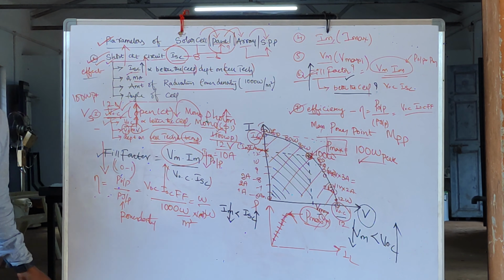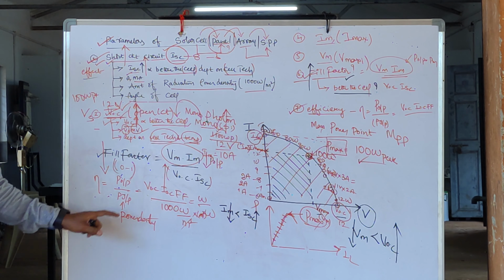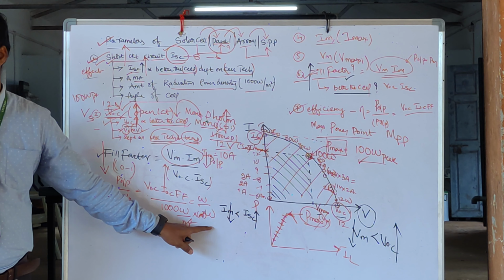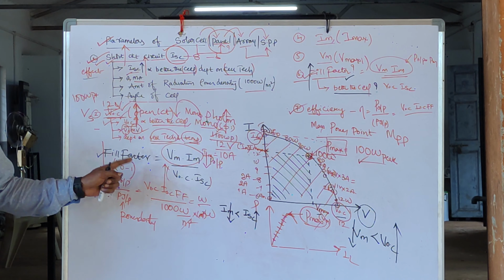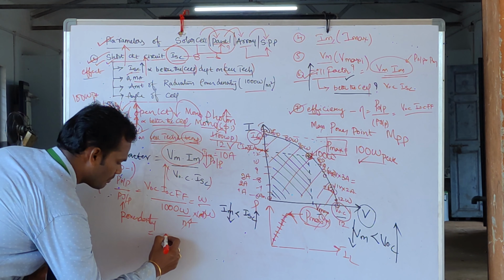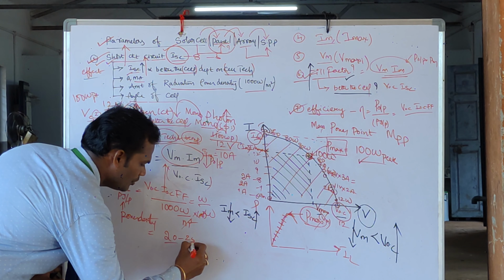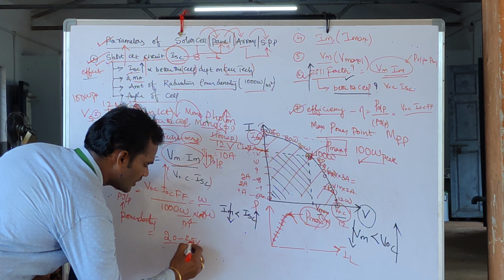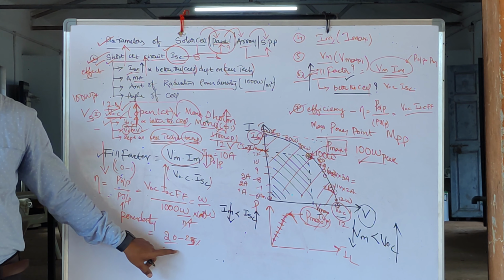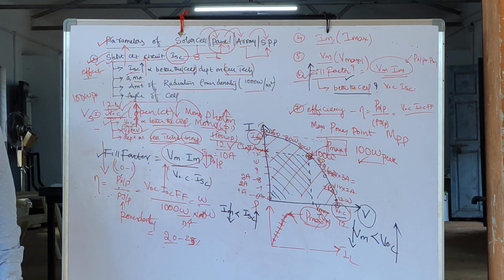The units of area are meter square, so meter square will get cancelled out, and the numerator and denominator are both in watts. Then you can get the efficiency of the solar panel. Generally the maximum efficiency of a solar panel ranges from 20 to 23 percent. More R&D is going on to increase the efficiency of the solar panel.